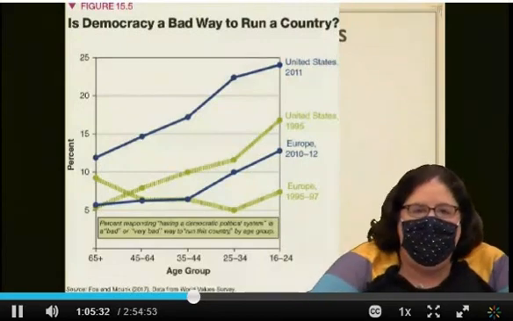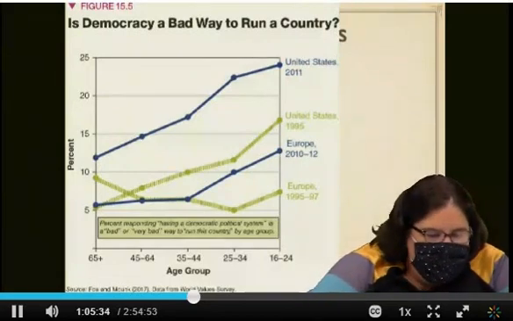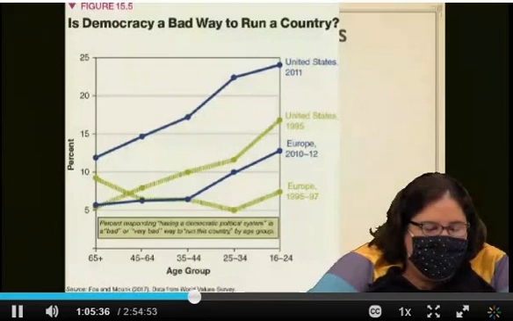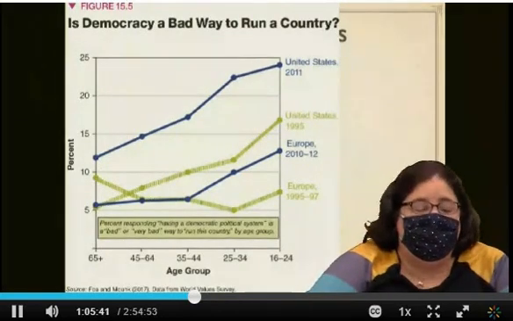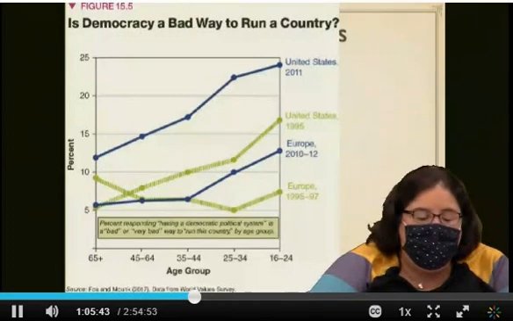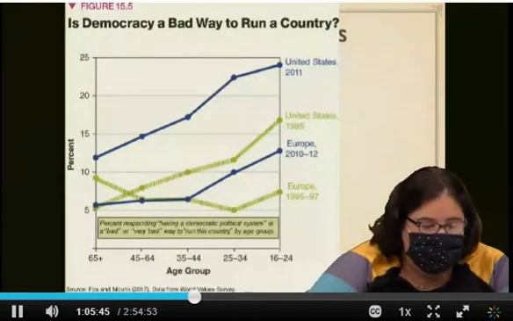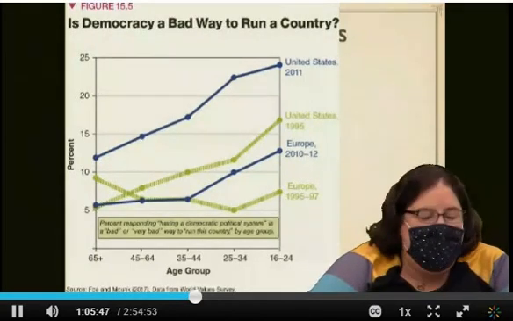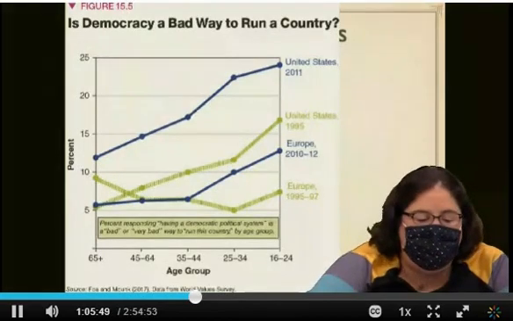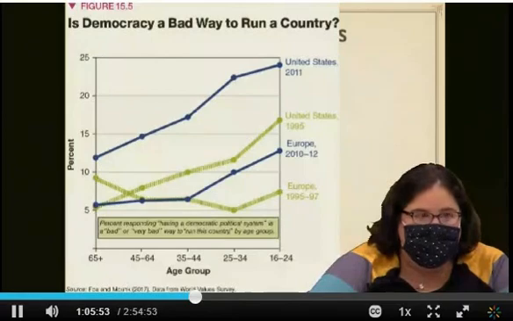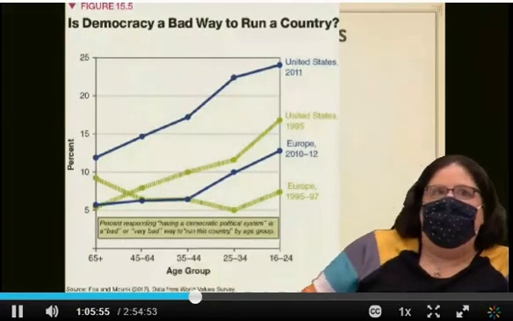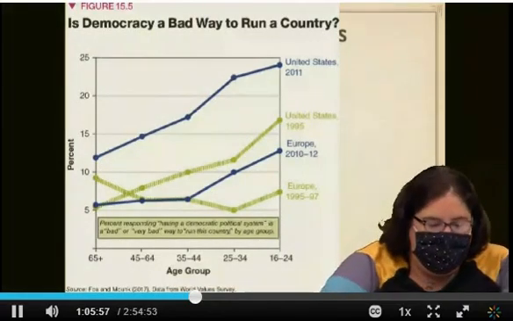I'll give you a second to look at that again, but what we are seeing in Europe and the US, but more so in the US, is a declining faith in democracy. Support for the idea that democracy is a bad or flawed way to run the country increases as the respondent is younger, from a younger generation.